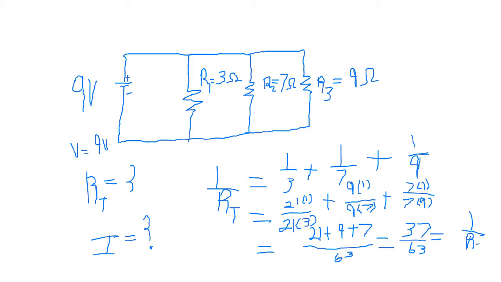All right, so R total will be the reciprocal. So I'm going to move up here. R total is equal to what? 63 over 37. What's our decimal answer?